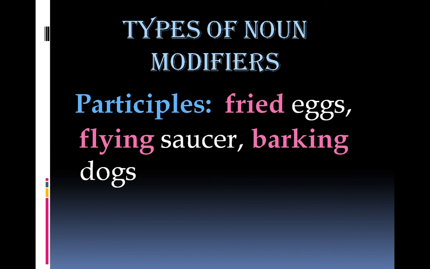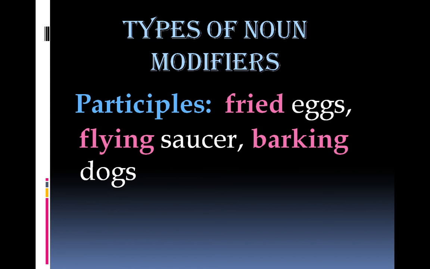In flying saucer, flying is the present participle form of verb fly, yet nobody is flying anything, nothing is flying here. Flying is a qualifying word. It tells us a quality of the noun saucer. So, participle or participle adjective. Same is the case with barking dogs. Dogs is noun, and barking, we are not saying that the dogs are barking here.